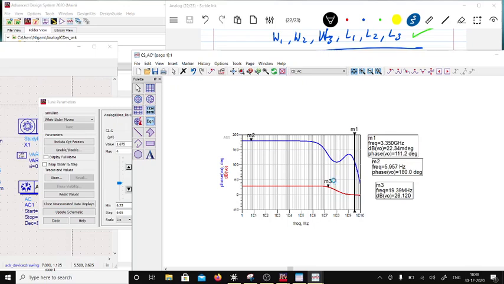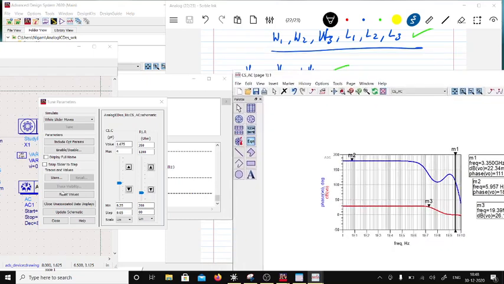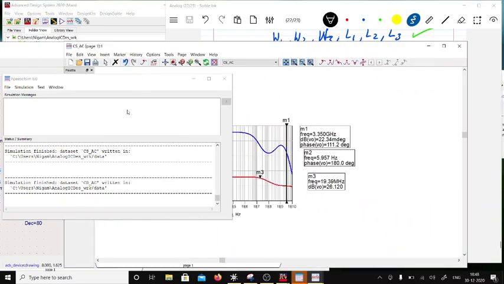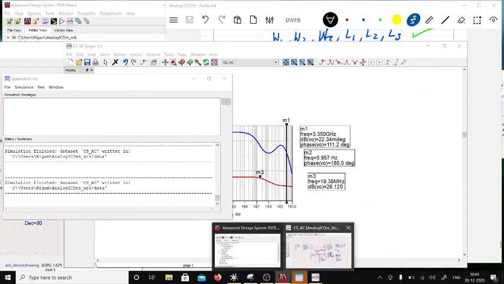Okay, I lost the phase margin here, so it becomes negative here. I have a phase margin of 111.2 degrees. So this is a good gain stage, right? But then there are drawbacks. I can do update schematic close. Yes. So this is a good gain stage, but the problem stays.